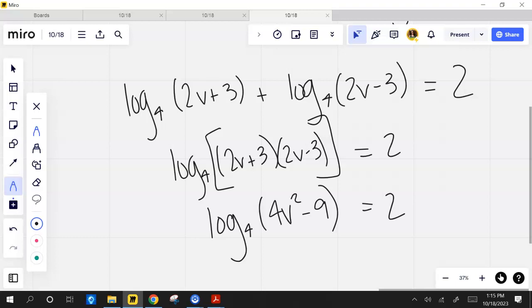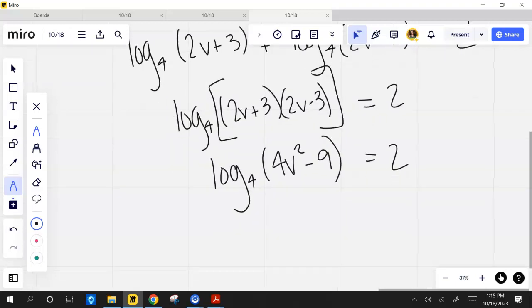So once we get it down to just one log on one side and a number value on the other side, I'm ready to change forms. So change the form. Squared. So now solve it.